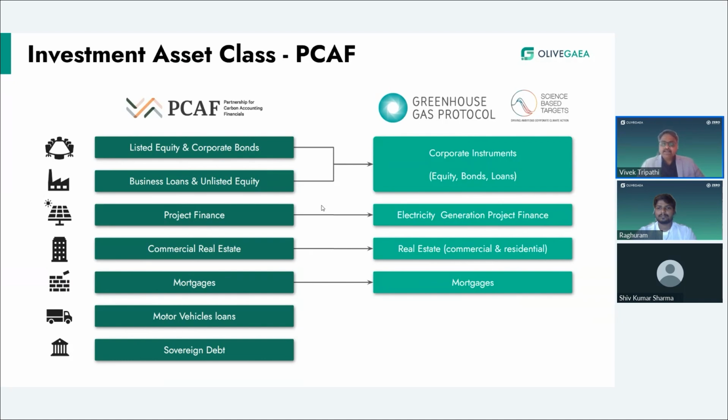Similarly, commercial real estate is another type of investment that banks do. Banks do give money to large real estate developers to develop these commercial real estate properties where there would be multiple tenants, multiple offices, multiple commercial uses of that building. And that's how the commercial real estate based investments come into the picture. Mortgages are typically me and you taking a home loan for building a property, or probably for home improvement, or for buying land.